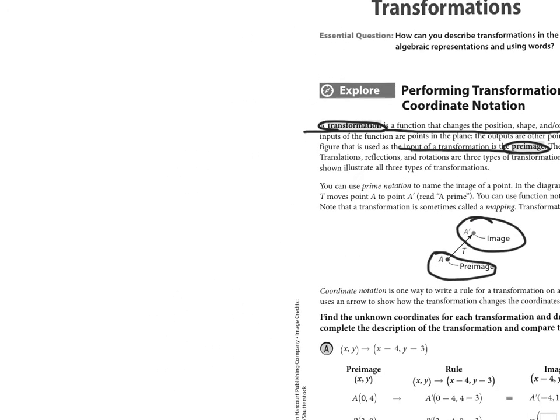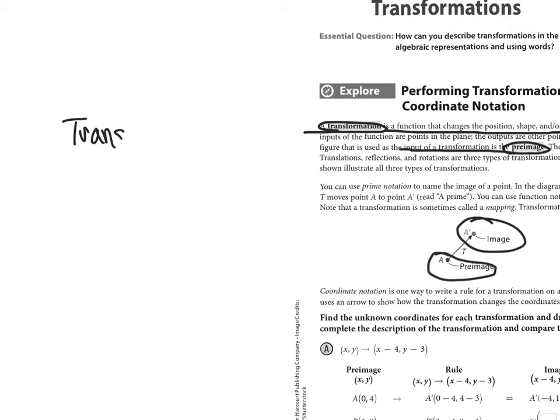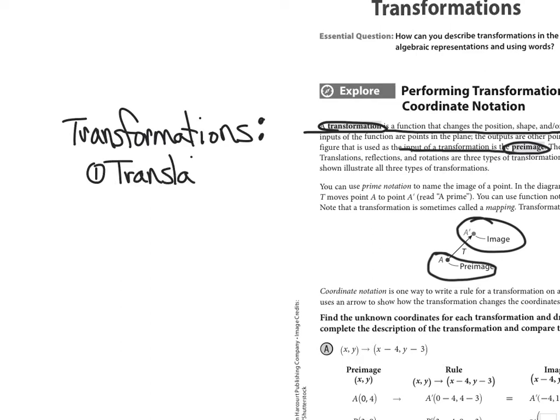Now, before I get into these examples, let's talk about transformations. We have translations, and that is 2.1. We have reflections, which is 2.2 or 2.3, I'm not sure.